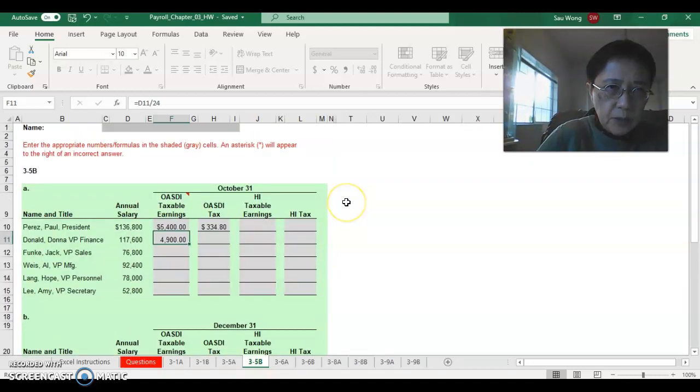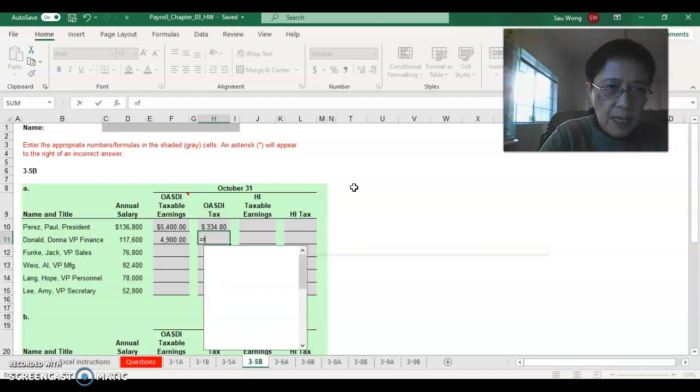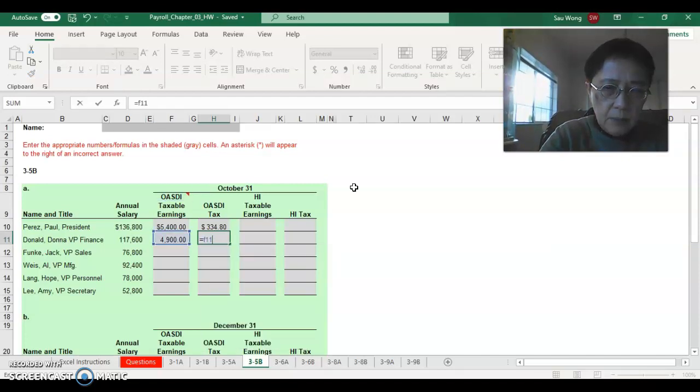So we will just take D11 divided by 24, and her OASDI would be F11 times 0.062, 6.2%.